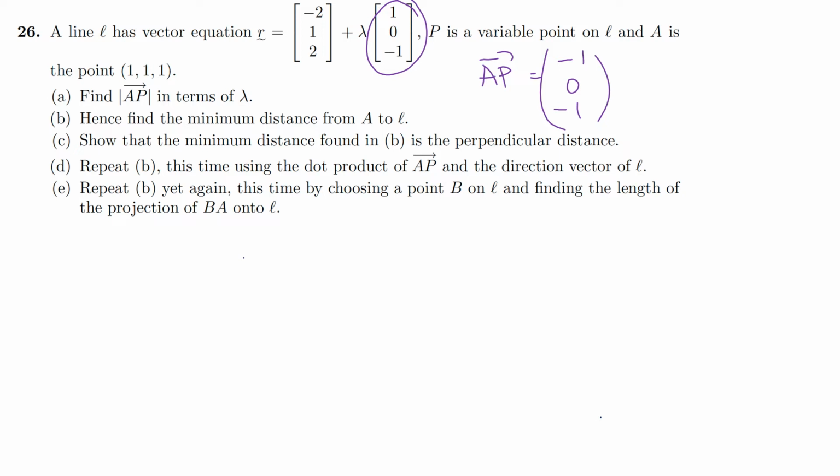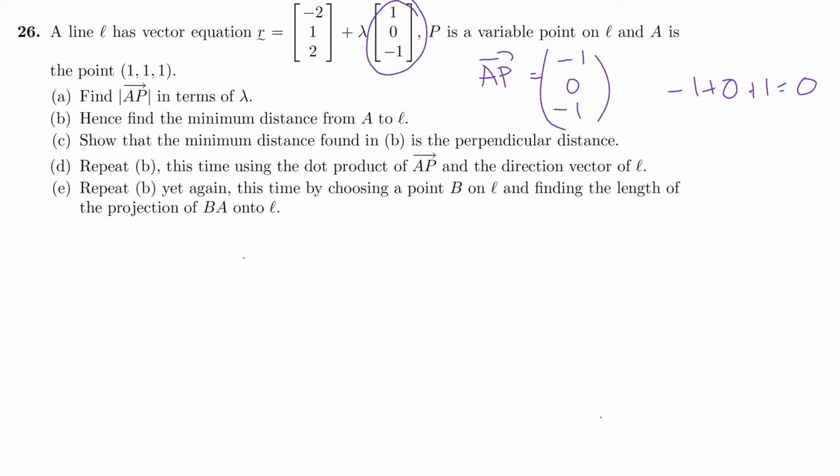If we do the dot product of those two, we should get 0 if it's the perpendicular distance. So we've got 1 times -1, which is -1, 0 times 0, and -1 times -1, so that gives you 0. So you can show the dot product of the direction of L and the vector AP is 0.